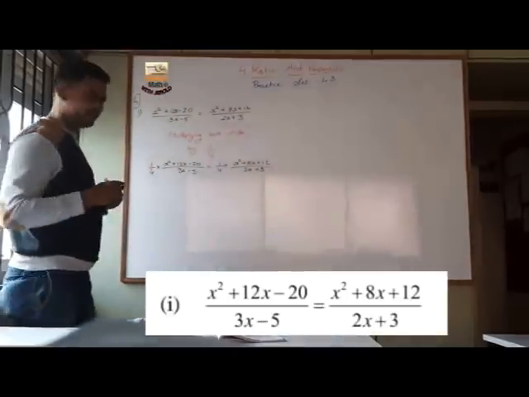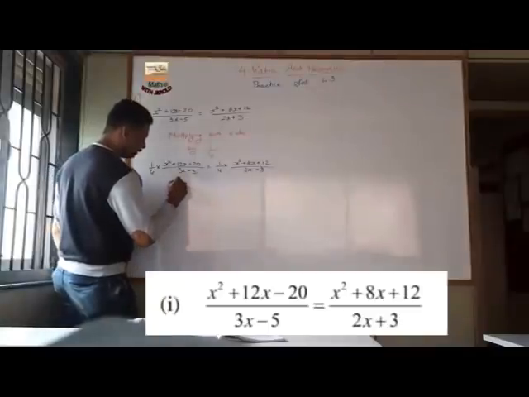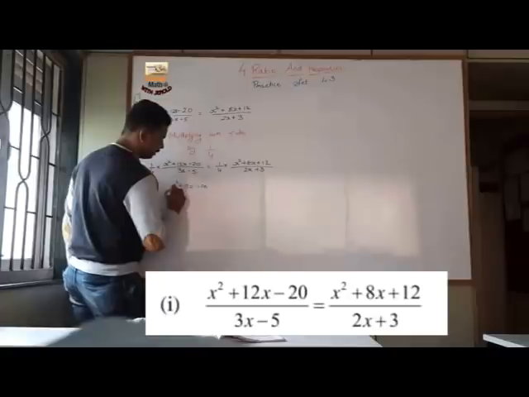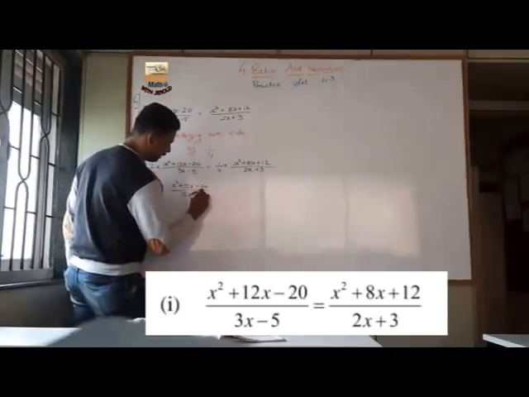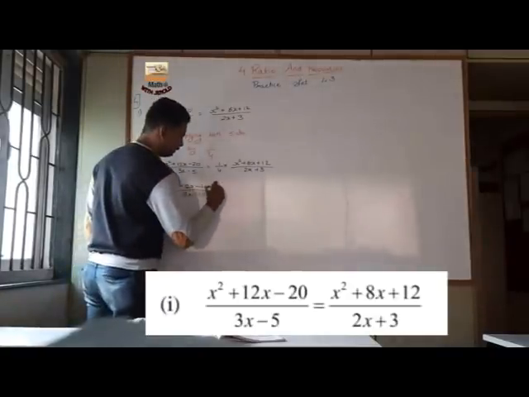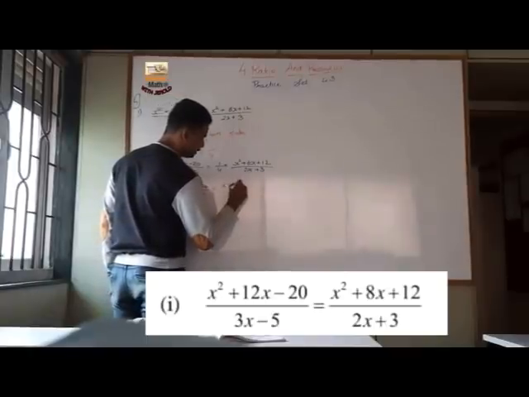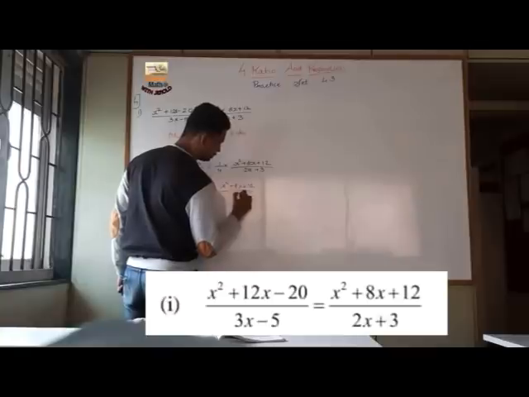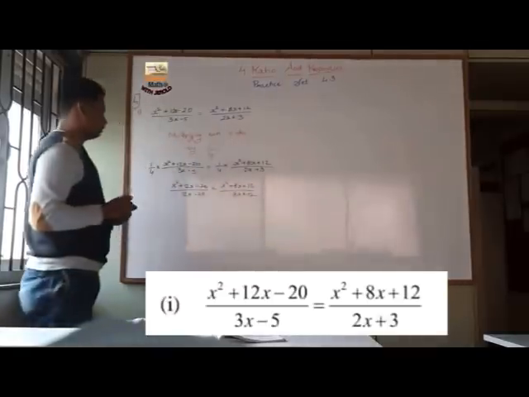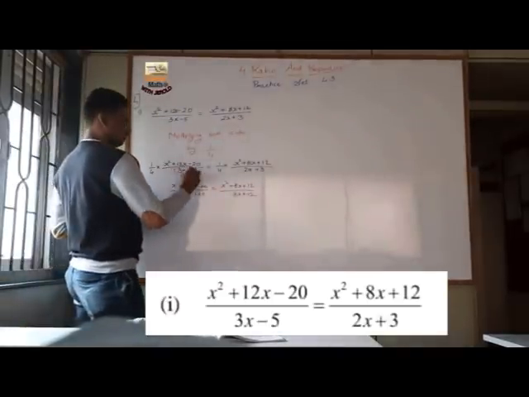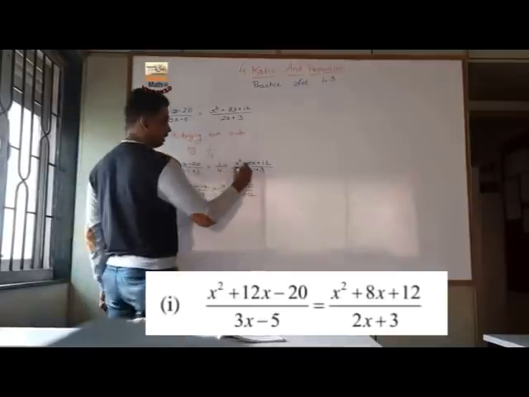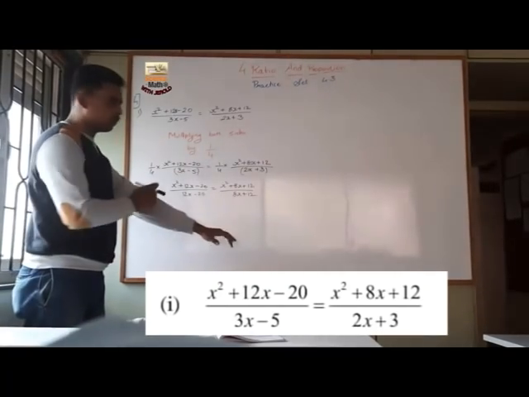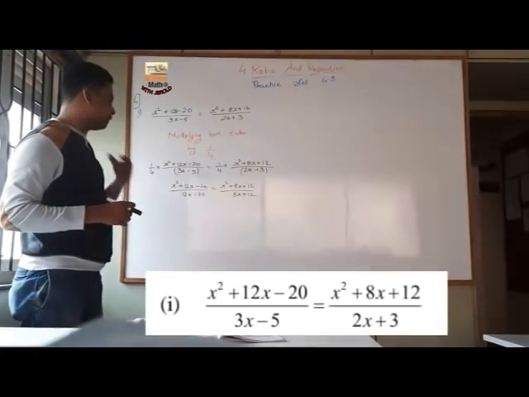Now actually multiplying the numbers in the denominator, I will get x square plus 12x minus 20 divided by 12x minus 20 equal to x square plus 8x plus 12 divided by 8x plus 12. 4 getting multiplied by 3x into minus 5 and 4 getting multiplied to 2x plus 3. This is what we have for the equation.